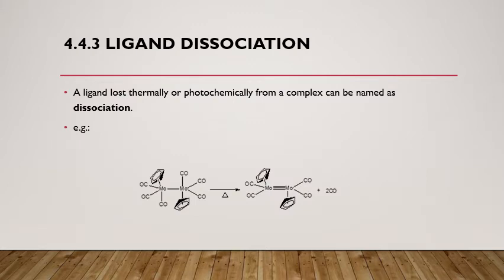Next, ligand dissociation. What is a ligand dissociation? It means that the ligand dissociates or breaks away from the complex, usually through a thermal or photochemical reaction. For example, in this complex, the molybdenum is attached to the Cp here, cyclopentadiene, and also the carbonyl group.